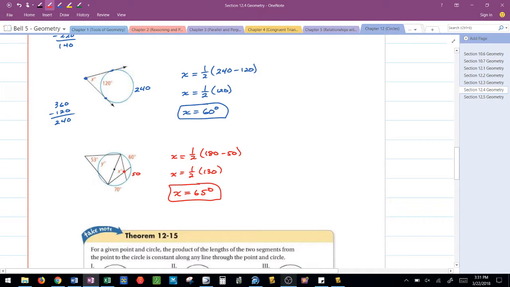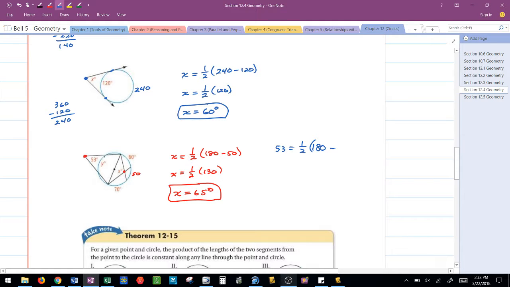All right? Now, to find y, which is this arc right here, I have to use this vertex over here. So that vertex is telling me that angle is 53. So, okay, I know that 53 is equal to, the vertex is outside, so I have to take half and subtract. Well, let's see. This arc is 180.